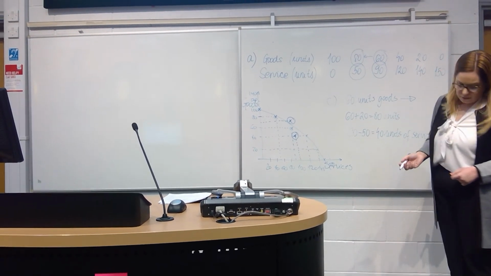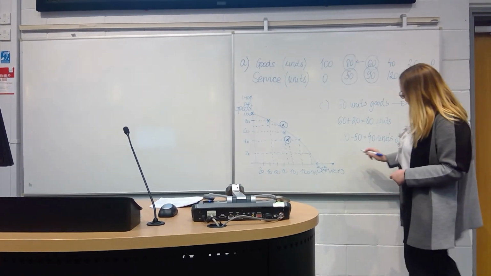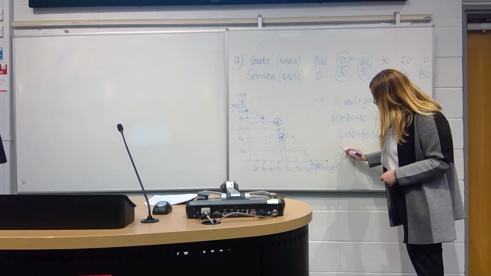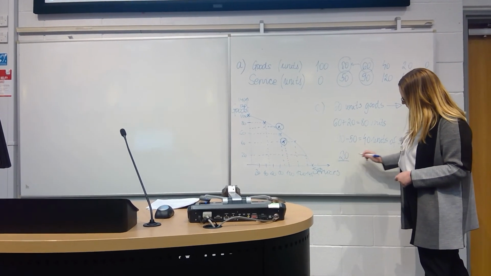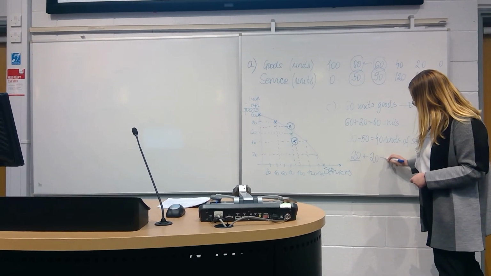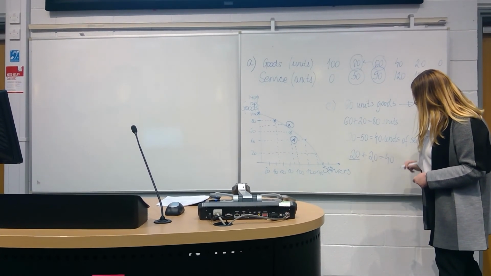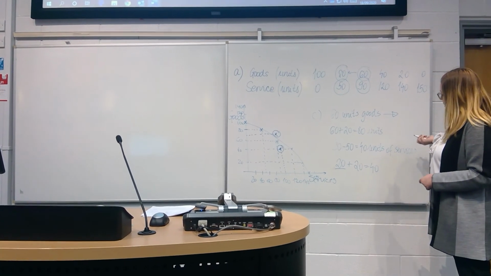And then we should also look at the opportunity cost when the country is producing 20 units of goods. So the country is initially producing 20 units of goods. It produces an additional 20 units of goods. So now the country is producing 40 units of goods in total, and we should solve this task in the same way.